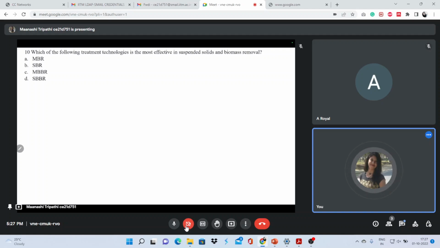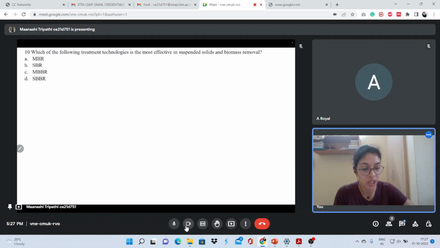The next question is, which of the following treatment technologies is the most effective in suspended solids and biomass removal? We are trying to remove suspended solids as well as biomass. The options are MBR, SBR, MBBR, SBBR.